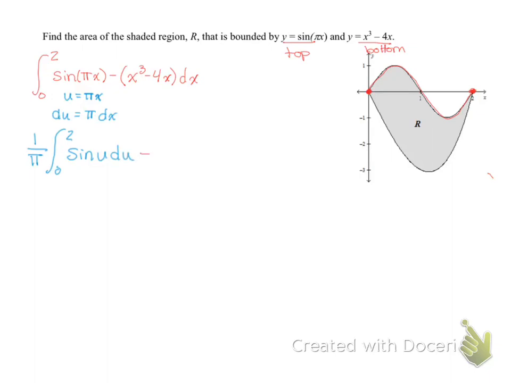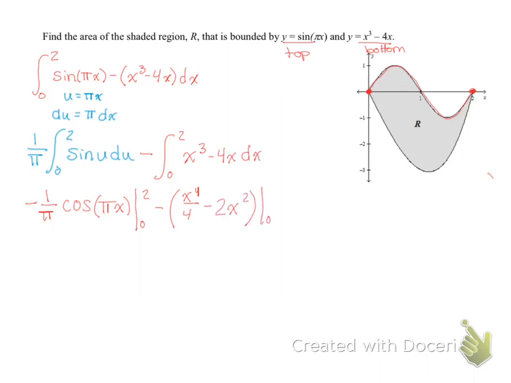Now you can always separate these integrals, so minus the integral from 0 to 2 of x cubed minus 4x dx, okay? And that's okay. So whenever we integrate this, you should get negative 1 over pi cosine of u, which I'm just going to substitute as pi x, evaluated from 0 to 2, minus x to the 4th over 4 minus 2x squared. Again, evaluated from 0 to 2.